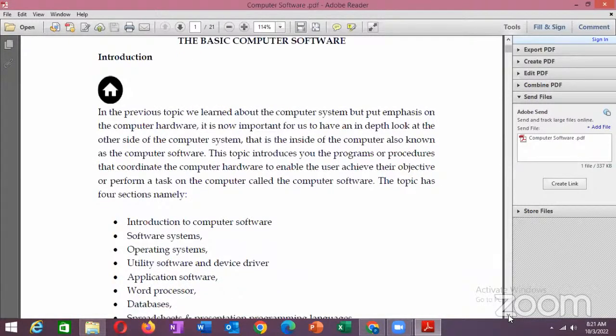In the previous topic, we learned about the computer system, but put emphasis on the computer hardware. It's now important for us to have an in-depth look at the other side of the computer system, that is the inside of the computer, also known as the computer software. The topic introduces you to the programs or procedures that coordinate the computer hardware to enable the user achieve their objectives or perform a task on the computer, called the computer software.